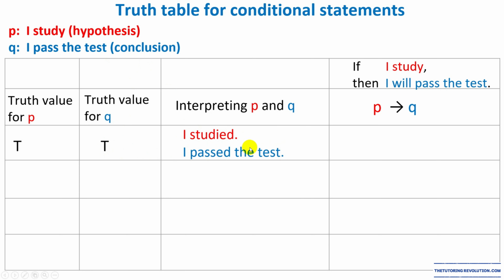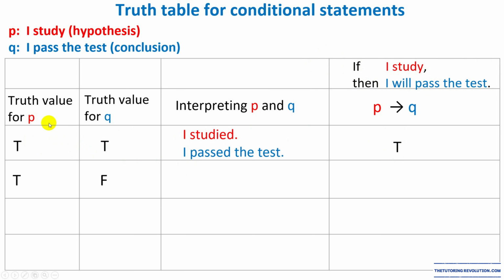I studied and I passed the test. Therefore, this statement, if I study, then I will pass the test, is true because I studied and I passed the test. And that's exactly what this says. So this whole conditional statement is true if these two are true.